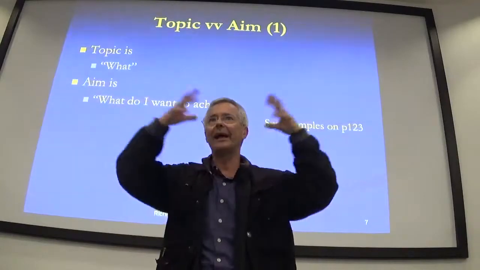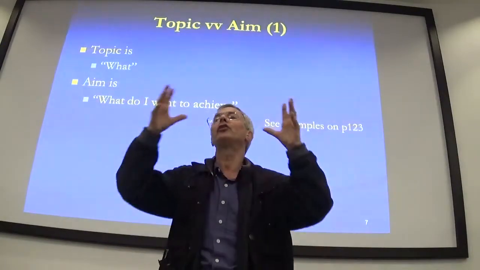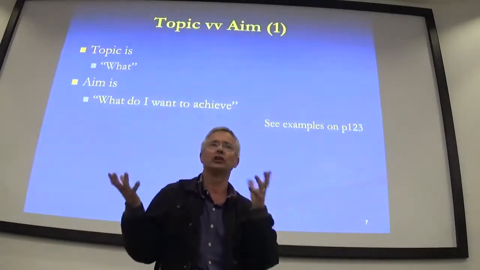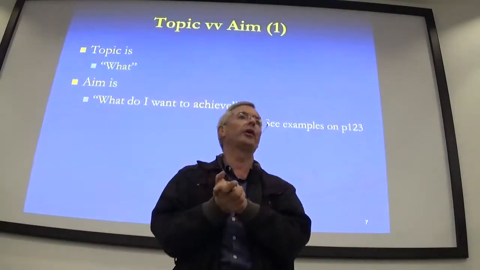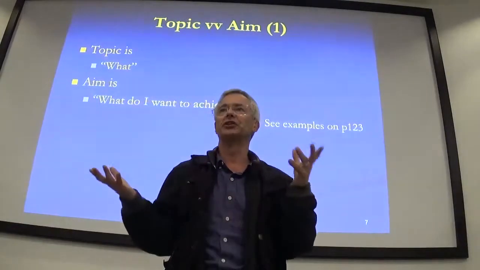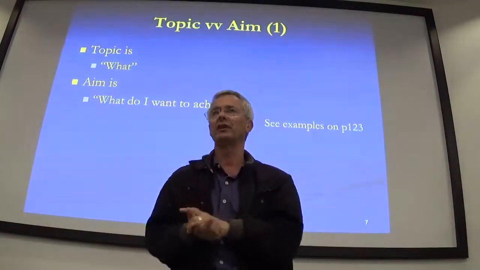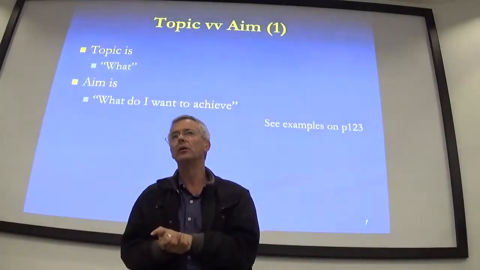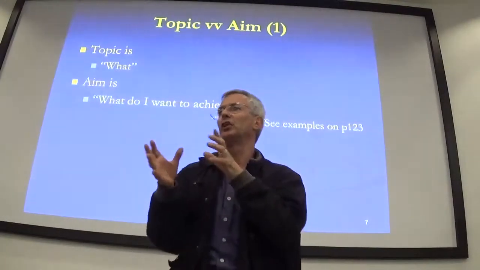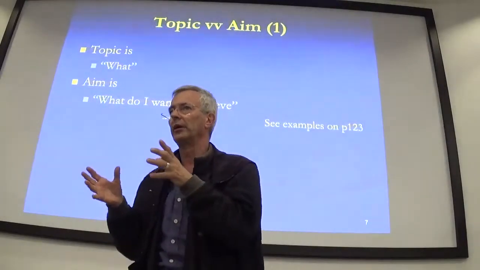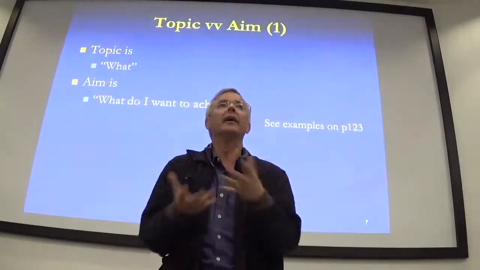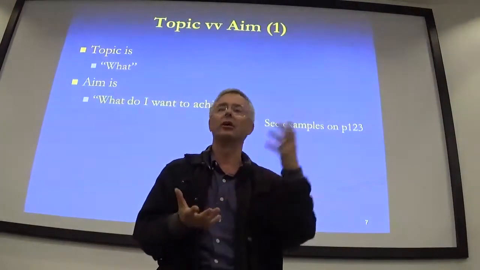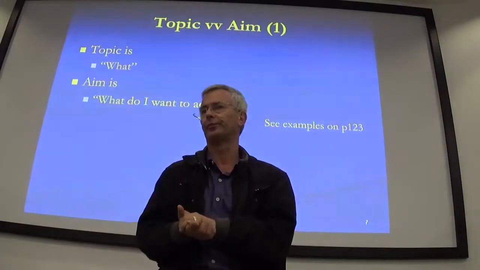What is the topic area of your dissertation, the area that you want to research on? And some of my students in the final year are researching the question of how accurate is location services in terms of our smart devices. But the aim, which is what they want to achieve if they do a successful project, is to identify the level of inaccuracy within location services on our happy little mobile devices.